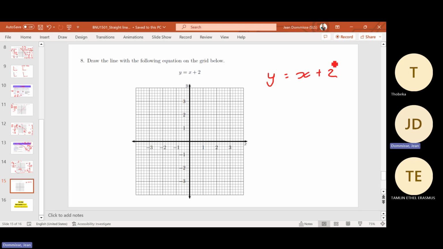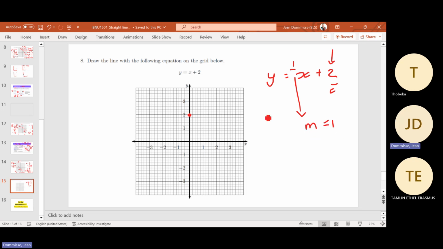Okay, so the first thing is we know that is your C, so that is your Y cutoff, so that is that point. Okay, so that point of 2, so it is positive 2. Then the other thing that we have is your slope that is in front of the x, so your slope is equal to 1.